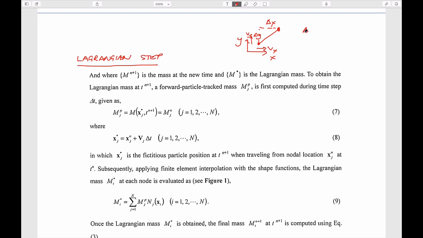Merely, delta x will equal the velocity in the x direction times the time step, and the change in y is going to be the velocity in y times the time step.